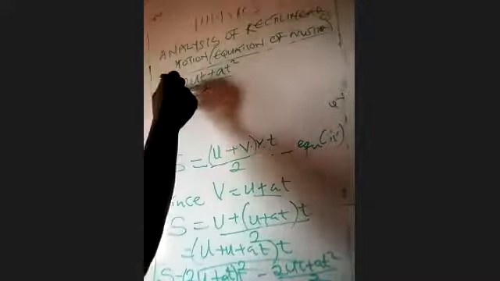Now we can do cross multiplication. So this will be 2 times S is equal to 2UT plus a t squared. You just have to get it straight. S is equal to (2UT plus a t squared) all over 2.